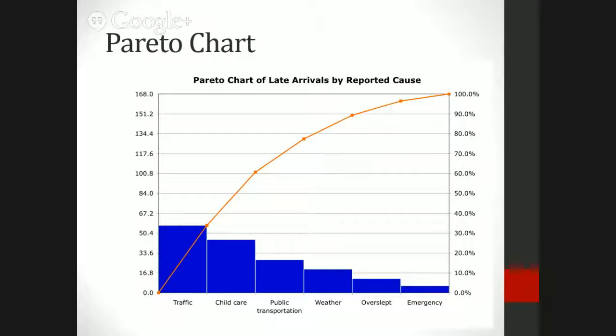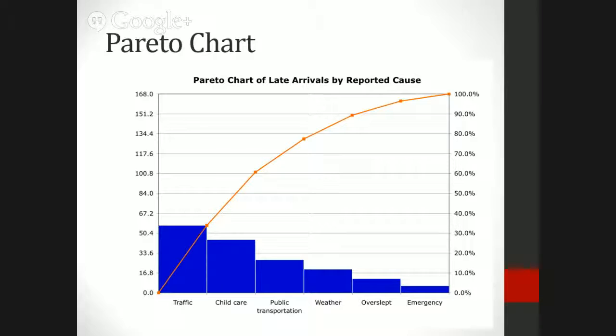Now, I want you to look at this. This is the cumulative percentage of this. So, if we look right here, 60% of people being late is because of these two problems, okay? Now, where does that come from?